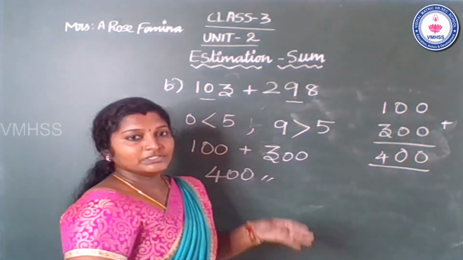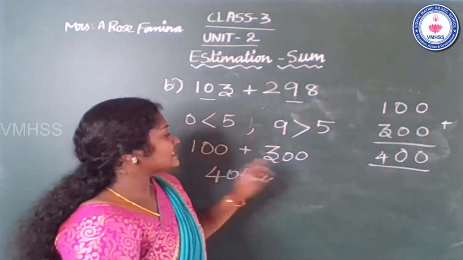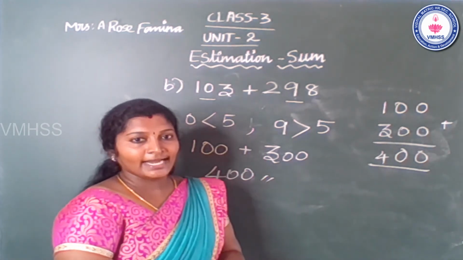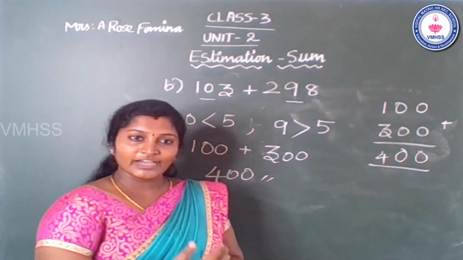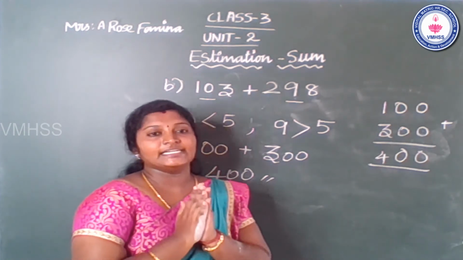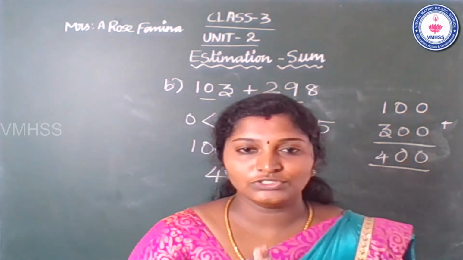And the second number, 9 is greater than 5, so the rounded value is 300. Now we go to add 100 plus 300. What is the value? Very good. 400. Super students. Okay, we go to the next sum.